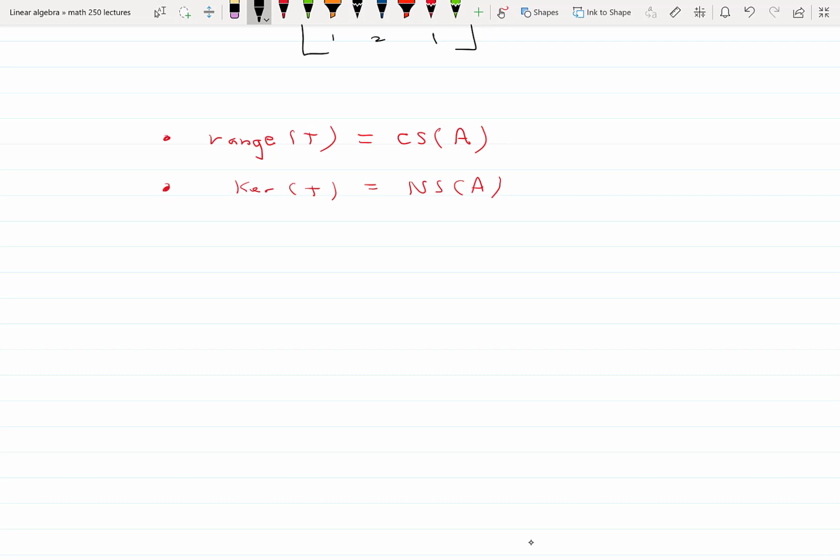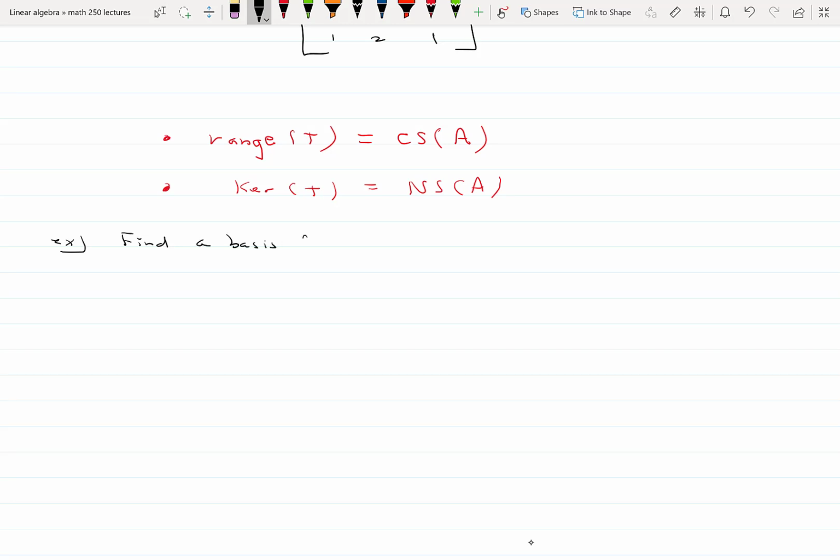So exactly how would we use these ideas, in particular this last idea that the range of the linear transformation is the column space of the matrix? This is how it would play out on a typical homework or test question.